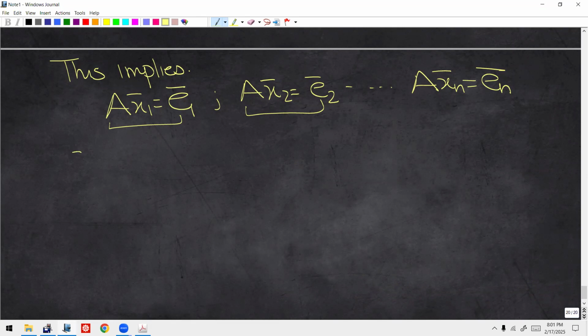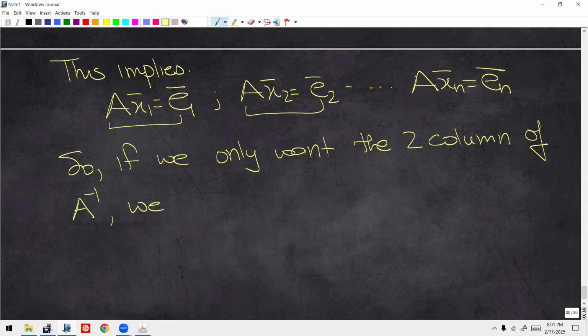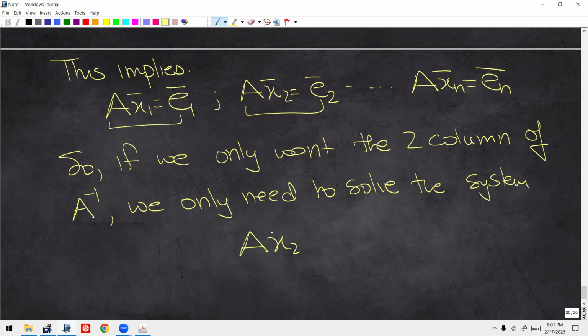Let me write that down. If we only want the second column, for example, of A inverse, we only need to solve the system AX2 is equal to E2.